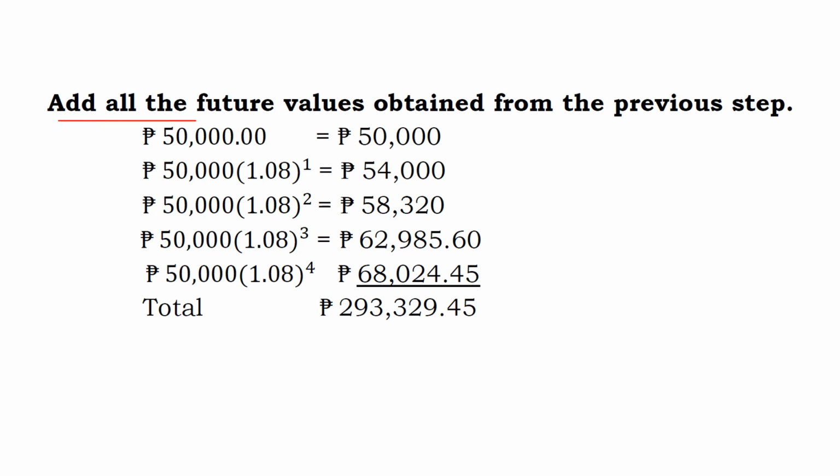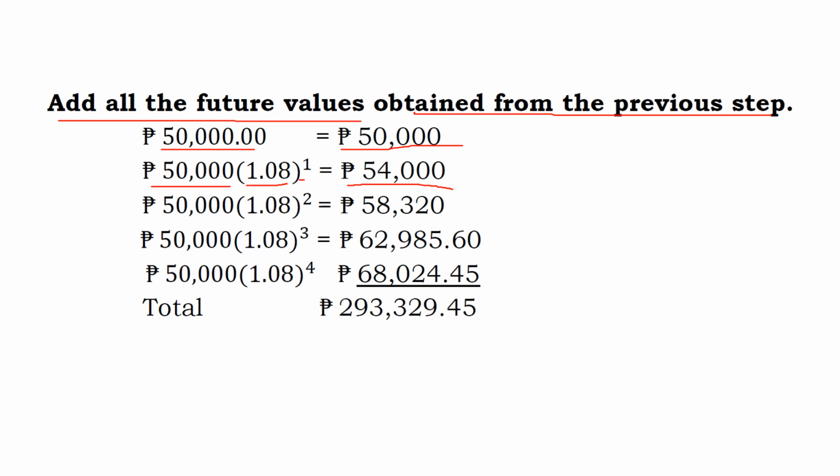So add all the future values obtained from the previous step. For your 50,000, that will be equal to 50,000 also. So how we compute the future value at the end of the fourth year payment: that is 50,000 multiplied by 1.08 raised to 1, so that will be equal to 54,000, meaning to say that your future value at the end of your fourth year of payment is 54,000 pesos.